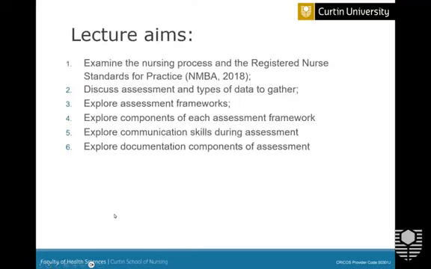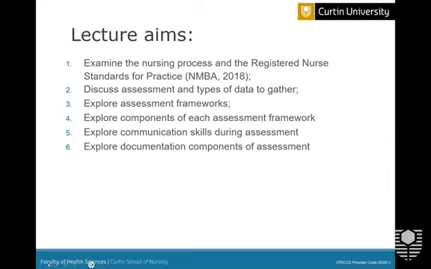In this capture, it's a relatively short capture and designed to gather your preparations for health assessment and ensure that you start to have baseline knowledge and practice so that when we do our laboratories and then simulations, you start to put in place all those different requirements of health assessment.